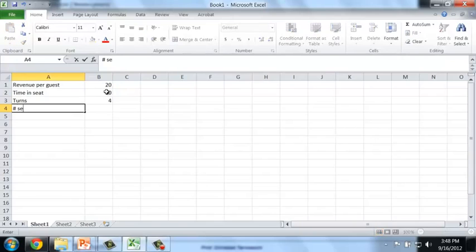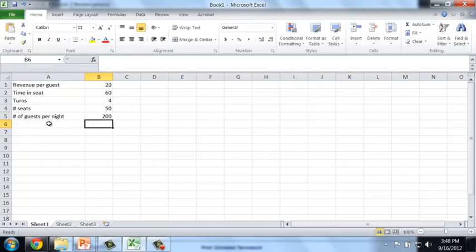Since we have 50 seats, the number of guests per night is simply the turns times the number of seats, and that is 200 guests per night. Next, our total revenue is simply the 200 guests that we serve times $20 per guest, equal to $4,000 revenue per evening.